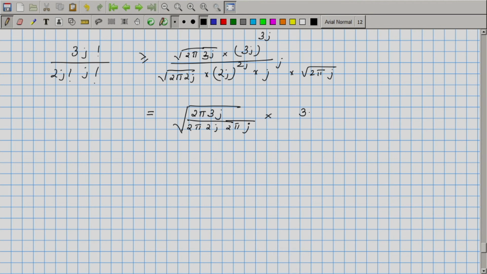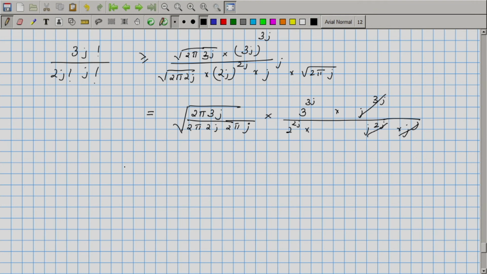So, we will get 3^3j times j^3j divided by 2^2j times j^2j times j^j. So, these quantities cancel out.